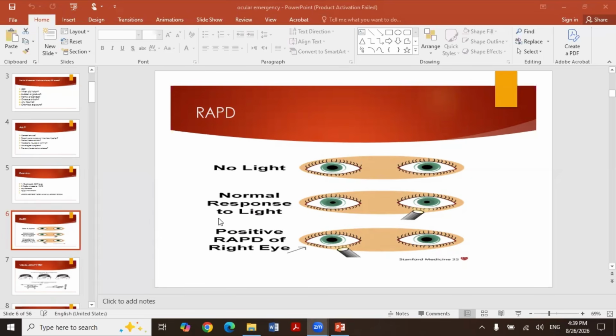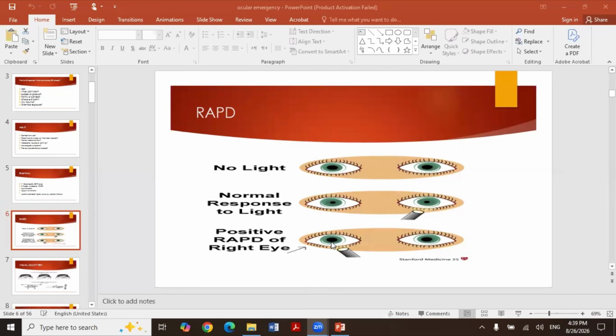If you look at the second picture, you can see a normal response to the light. Both pupils constrict when he puts the light on the left eye. But when he puts the light on the right eye, the pupil is dilated. This is what we call RAPD, relative afferent pupillary defect.